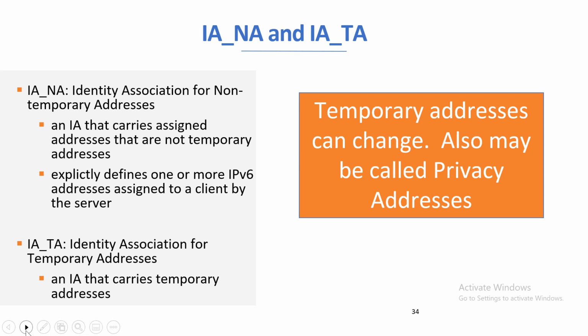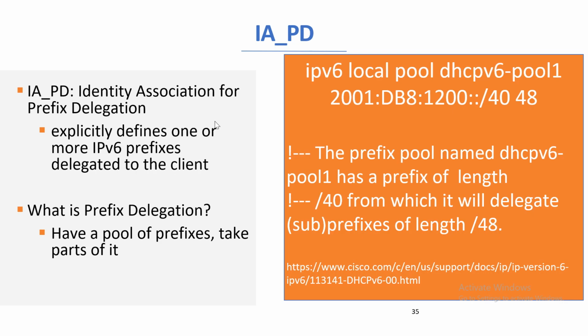You may also want to have an identity association for prefix delegation. So basically, what's prefix delegation? You can have a pool of prefixes, and you can say, this is my prefix, and I'm going to take parts of it and give it to other people.